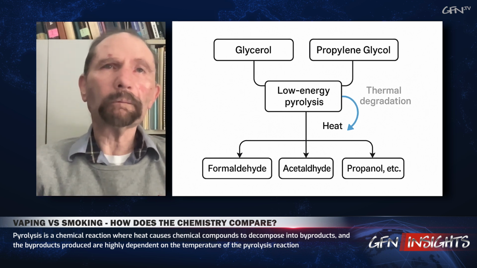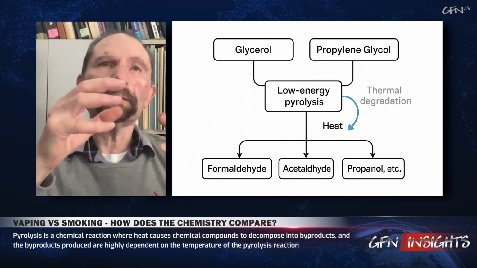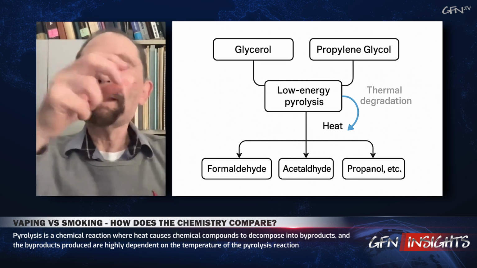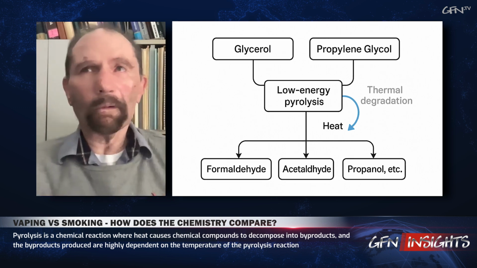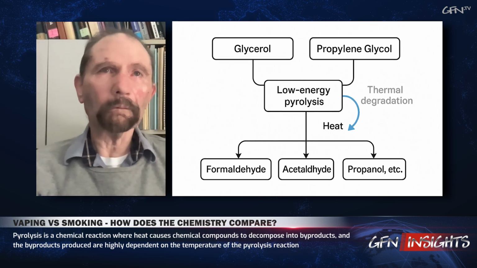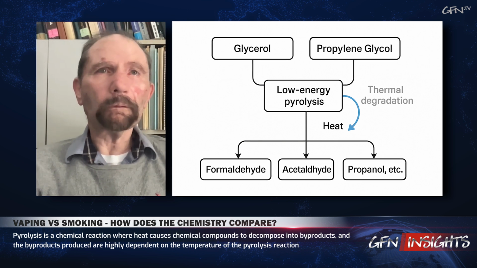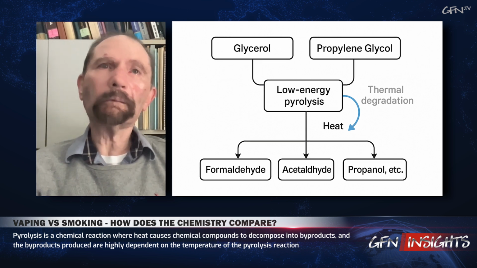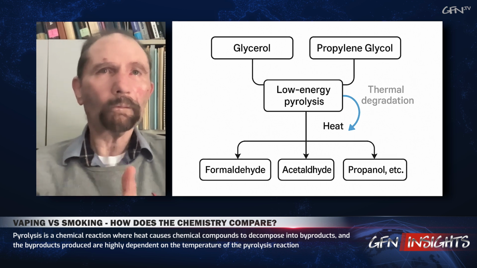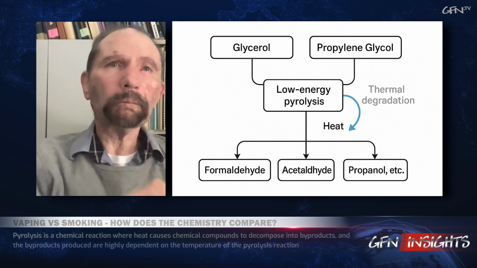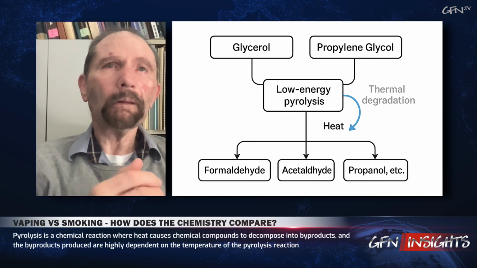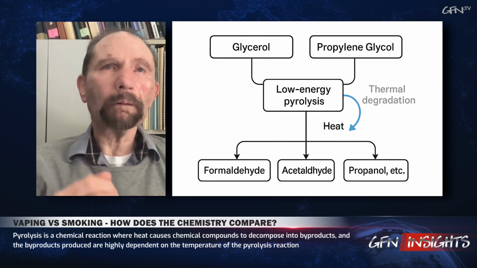Pyrolysis is when you have a big molecule, you heat it, and the molecule breaks down into smaller molecules. But pyrolysis can be extremely energetic. It is part of combustion also. But in this case, and for this type of molecules, it is a very low energy pyrolysis.